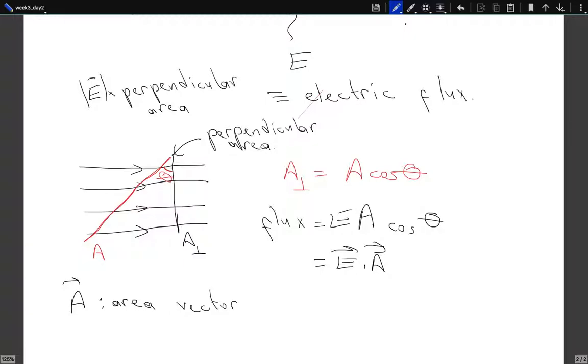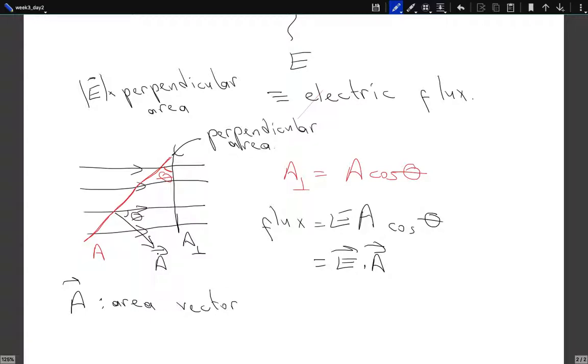At this point, the electric field is in this direction, so whichever area vector I define, it has to make an angle theta with this. But this angle over here is 90 minus theta. So if I draw a perpendicular line to my area, if I consider this vector, this angle over here is also theta. So this is how I define the area vector.